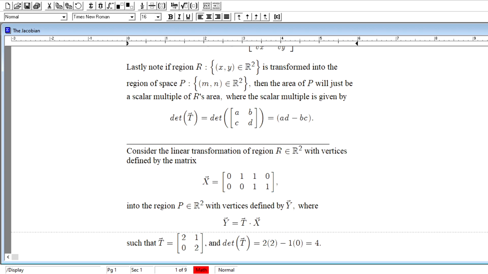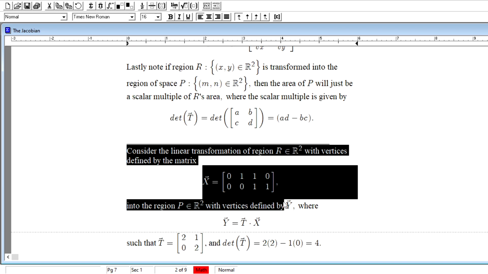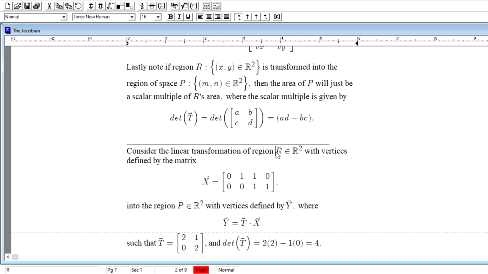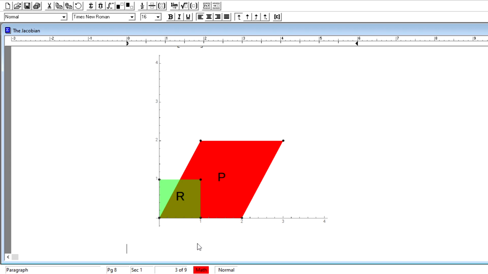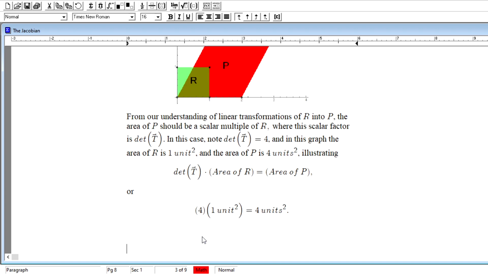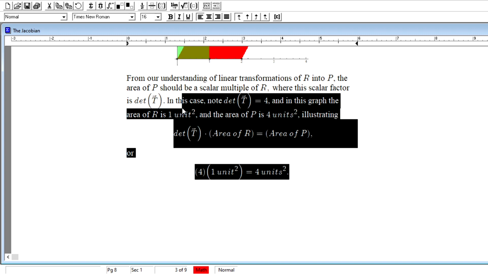Now we note in this situation, we're just illustrating the 2 ideas above in the very specific case of some square region of R transforming into some parallelogram region given by P. With the above ideas in play, we do see those above ideas being shown to be true in this very specific example.